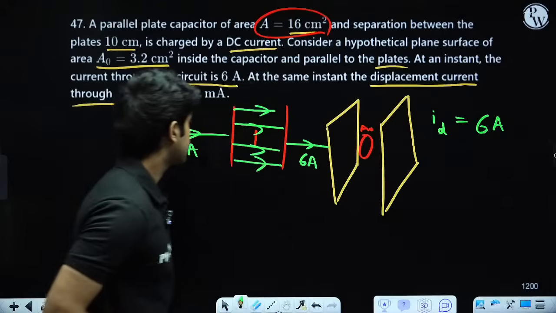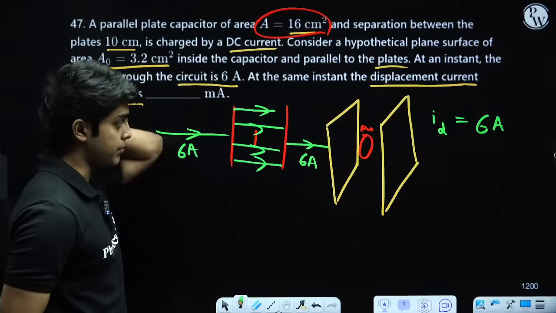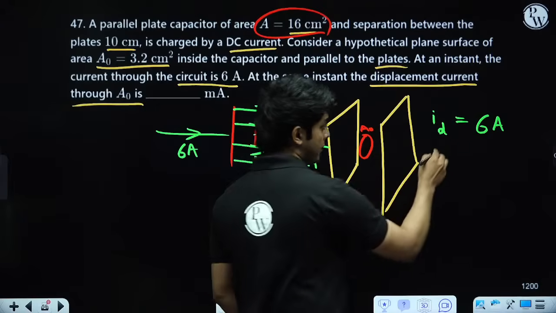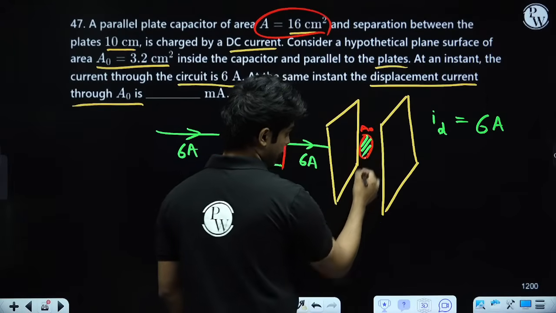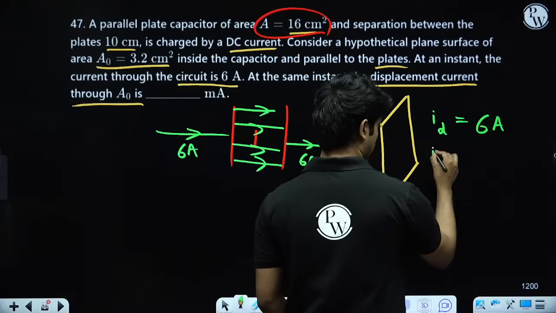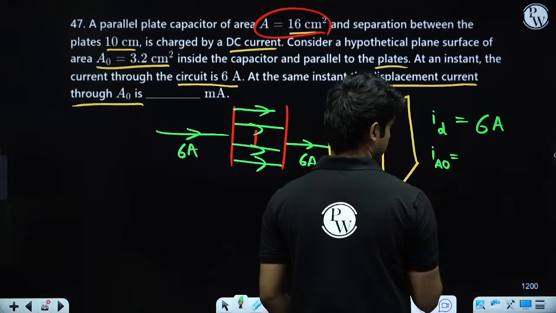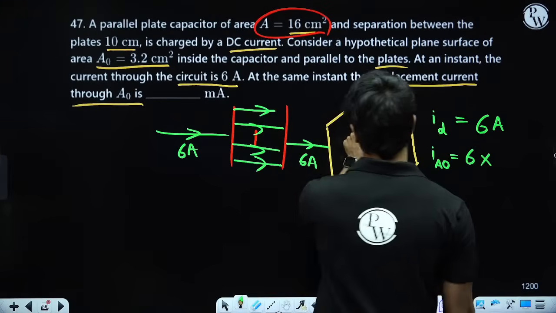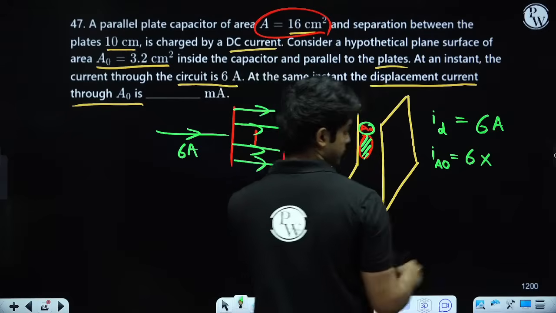Now for the area A0, we can use ratio and proportions. The displacement current through A0 will be the total current 6 multiplied by the area ratio, A0 divided by A.